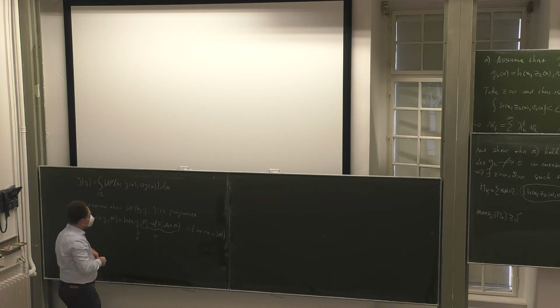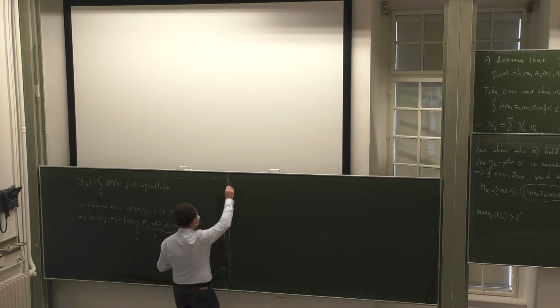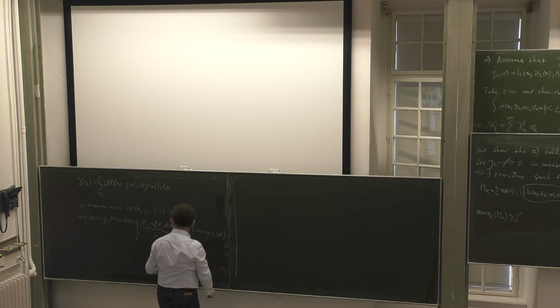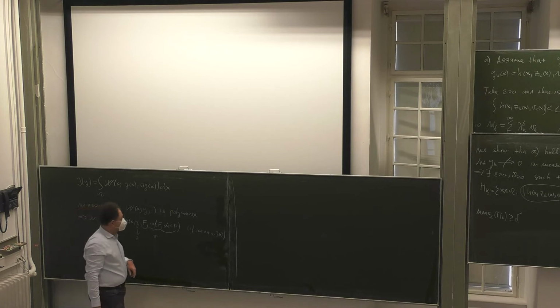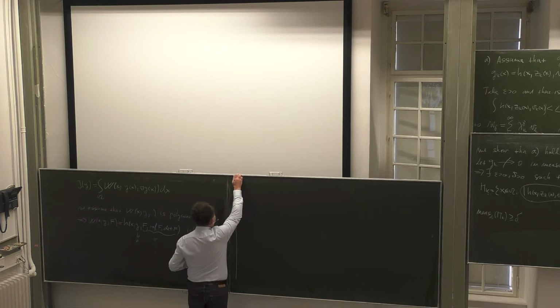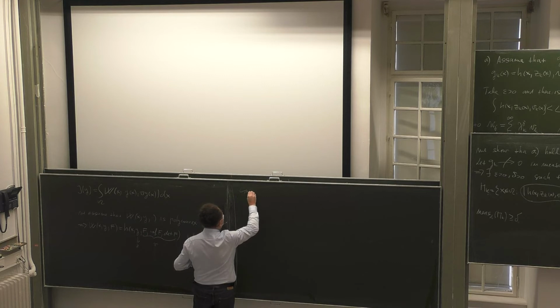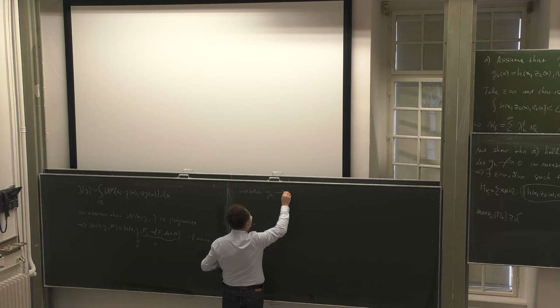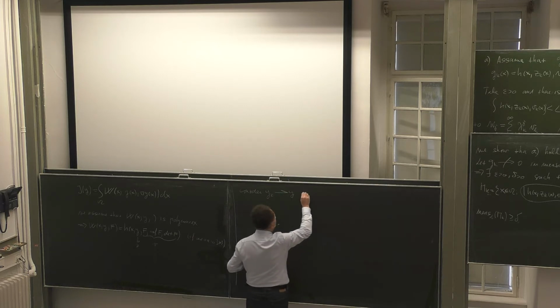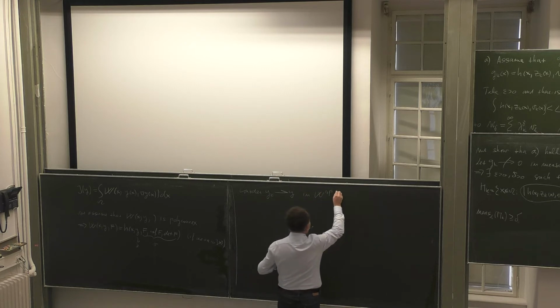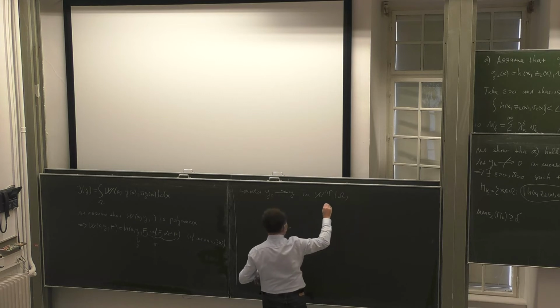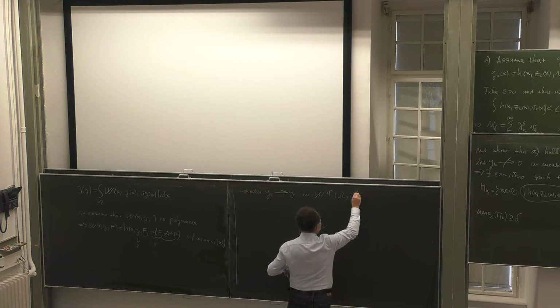And then what you want to prove is that you take y in some Sobolev space, and you take y_k converges to y in W^{1,p}(omega; R^3).